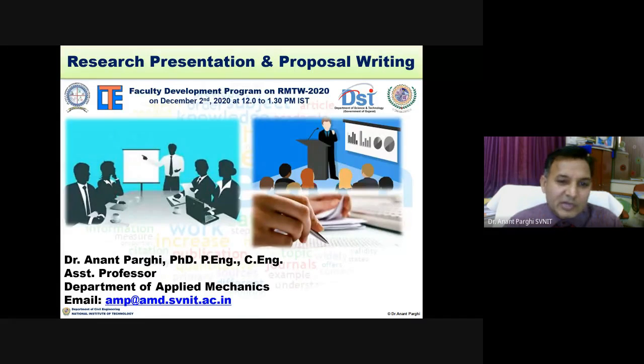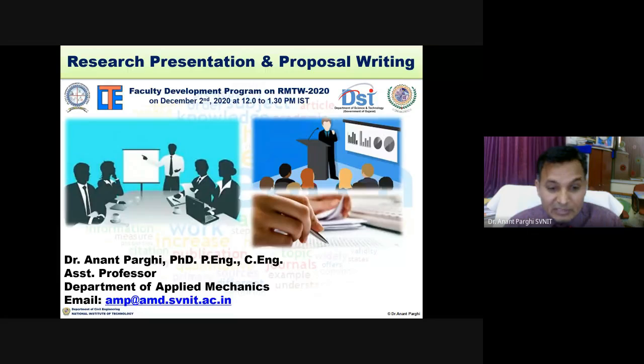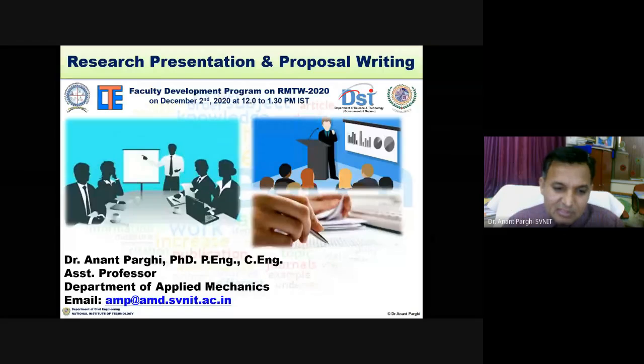Eventually we are all working for society, because whatever resources we are getting today is public tax money. If people pay the tax, then we receive all the research funding. If people don't pay the tax, then we can't do the research. So once people pay the tax and the government gives the funding, it is our job to utilize each and everything precisely.